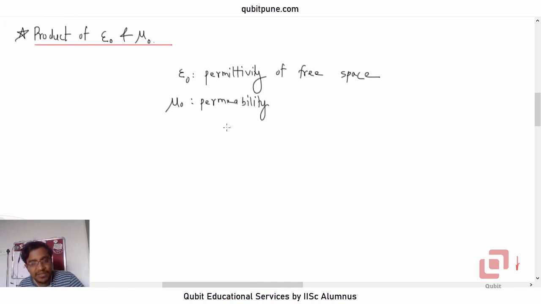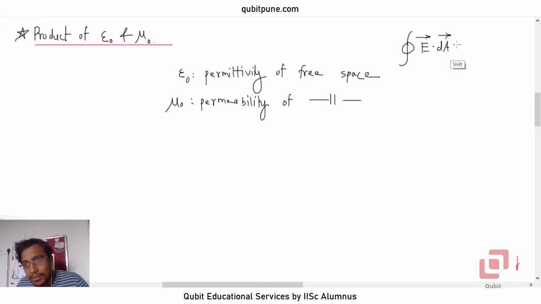We know the association of epsilon naught with Gauss law and Coulomb's law, right? The reciprocal of permittivity is the proportionality constant in the Gauss law of electrostatics, right? Integral E bar dot dA bar is equal to Q enclosed upon epsilon naught.